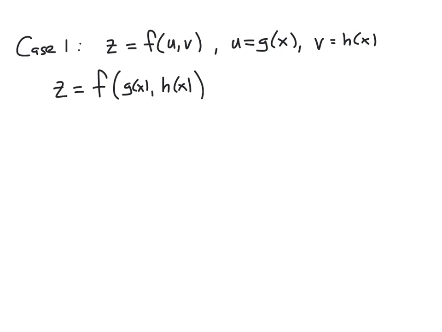And so because of that, what we often do is we give these variables names, like we typically do in functions. So we have z here, which is our dependent variable. Right, the value of z depends on the other variables in the problem. We have our variable x, which is our independent variable.